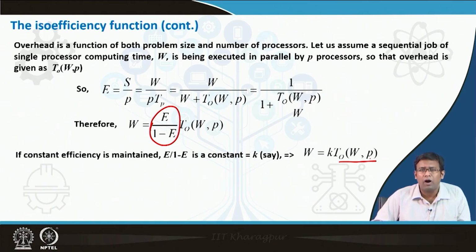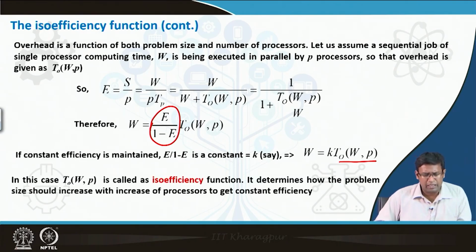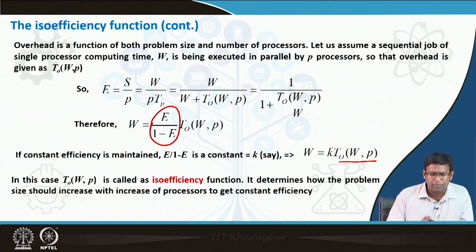And what is T0(W, P)? What is the function which relates overhead with the number of processors and the problem size? This function is known as the iso-efficiency function. In this case, if we can keep K constant, that is, efficiency constant, by increasing the number of processors, T0(W, P) is called an iso-efficiency function.